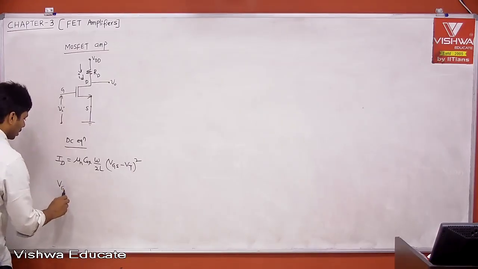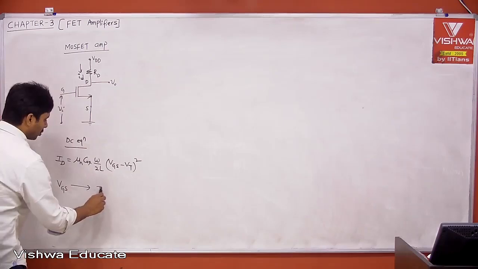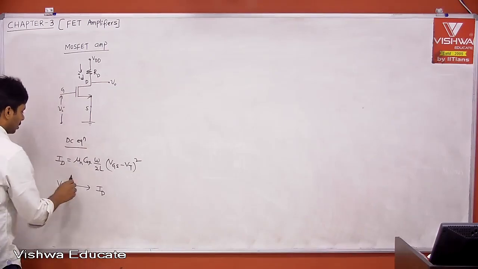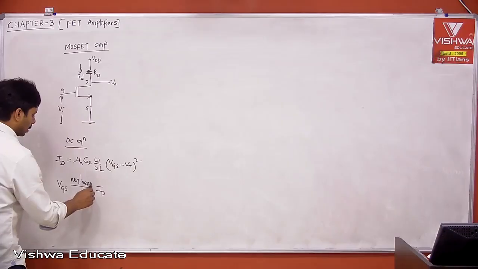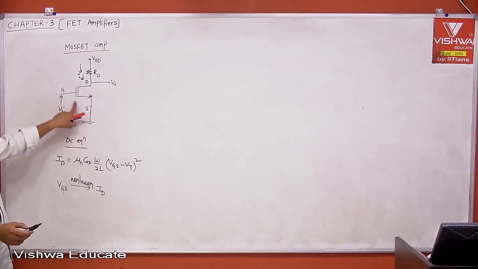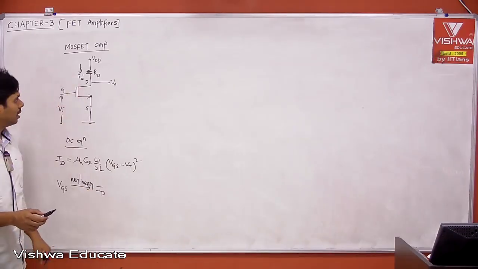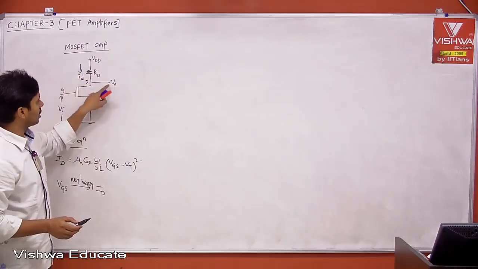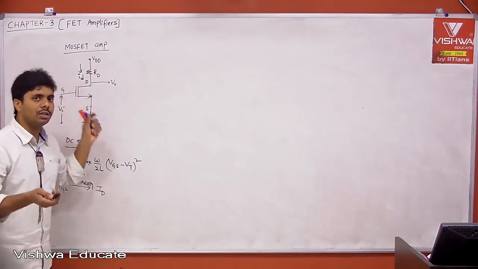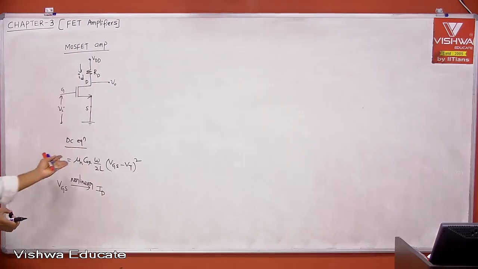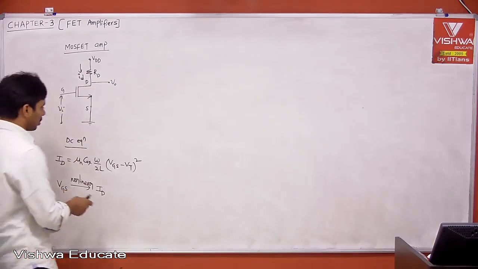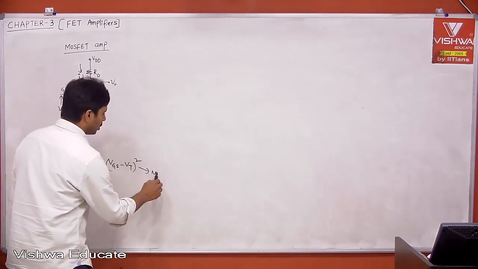Whatever VGS you give is what produces ID, and therefore this is non-linear. The relationship between VGS and ID is non-linear. Then ID to V0 is linear, but what is input to output? Non-linear. Therefore, fundamentally your MOSFET amplifier is also non-linear. This is the non-linear equation.